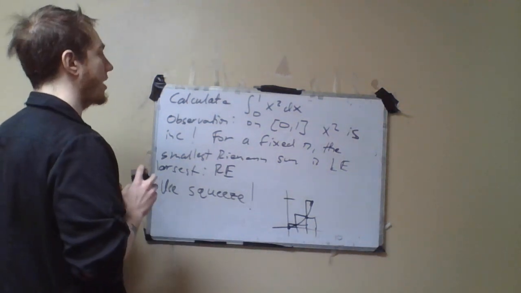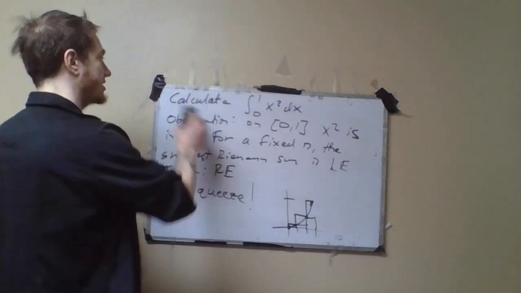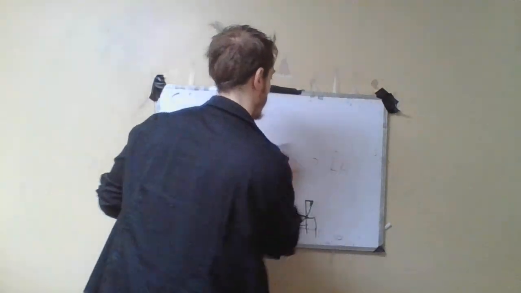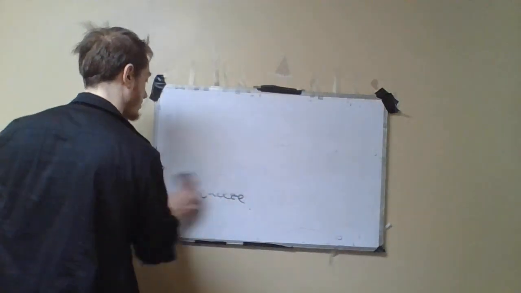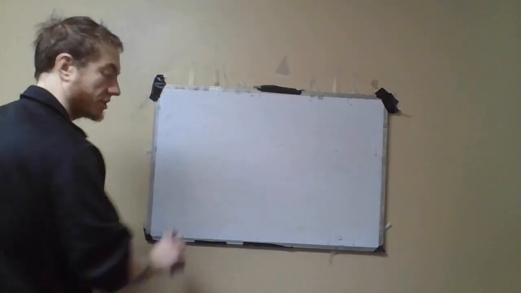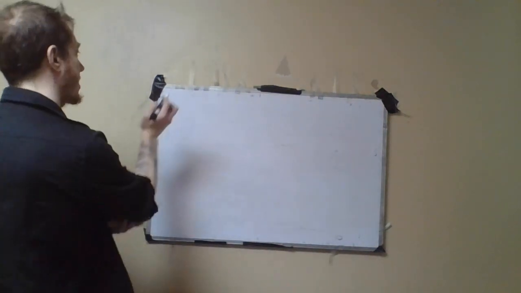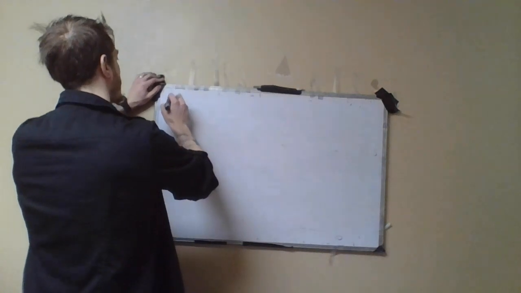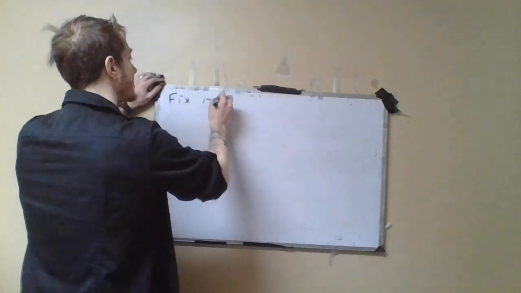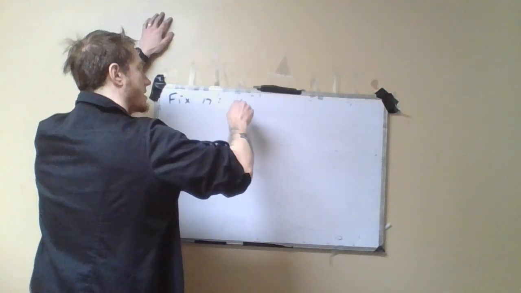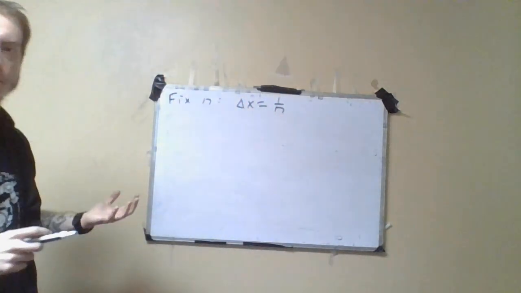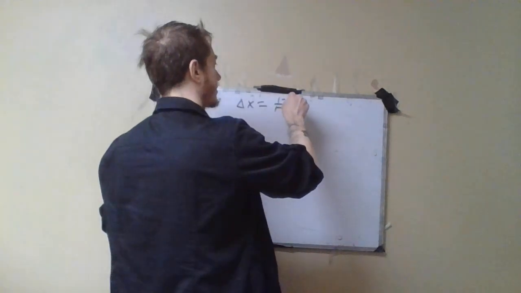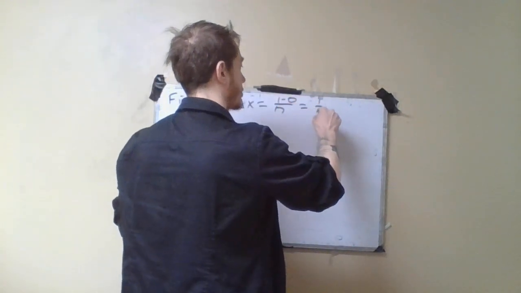Now, I am going to work out the right endpoint case first. So keep in mind what we are doing here. We are doing the right endpoints for the integral from 0 to 1 of x squared. So fix an n. Then delta x is going to be equal to 1 over n. Because technically it's 1 minus 0 over n, which is just 1 over n.